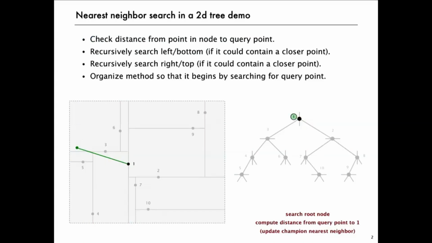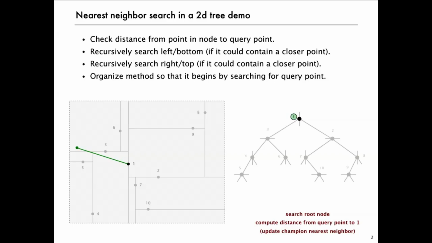So again, we start at the root, and what do we want to do? Whenever we're at a node, it represents a point, so we're going to check that point, and we'll compute the distance from that point to our query point. If that distance is less than the best found so far, then we'll keep that as the champion.